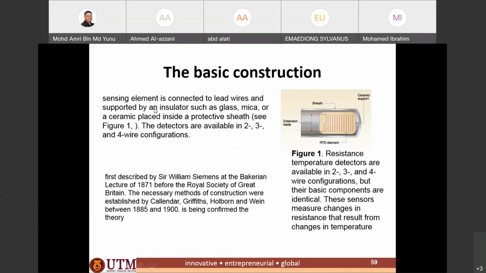Basically, the sensing element is based on a metal wire, coiled at one end, the wire coiled and bundled close together, and the other end of the metal wire is connected to a lead wire.